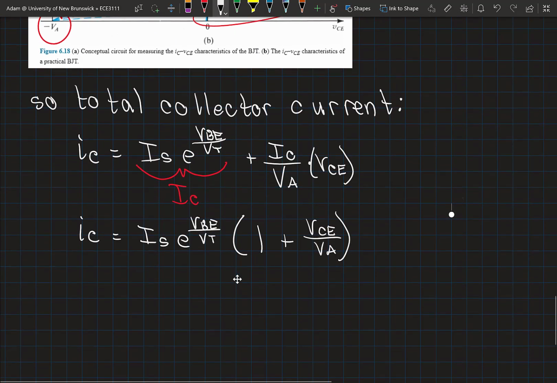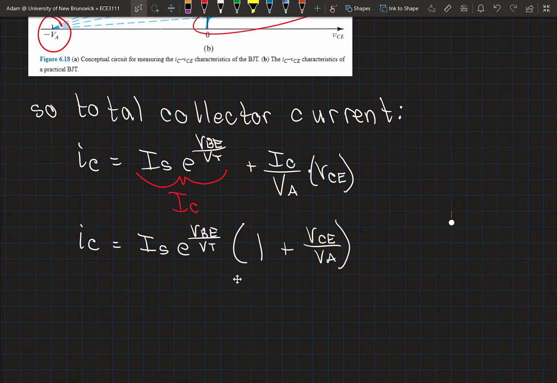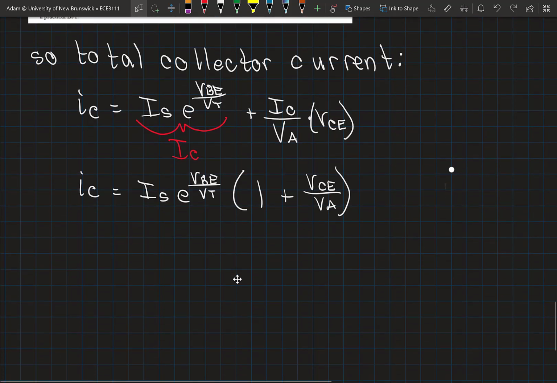Okay, how do we account for this early effect in our models? Because our pi and T models to date suggested that there was no impact on the output behavior in response to changes in the voltage across the output.